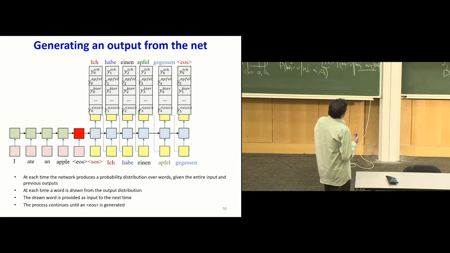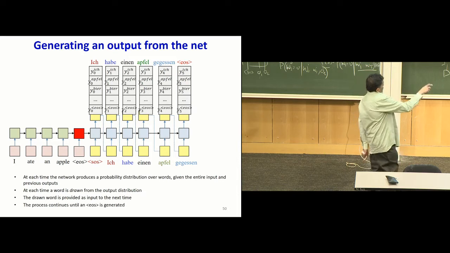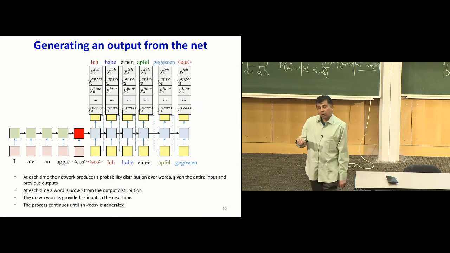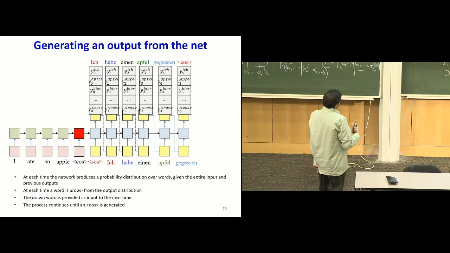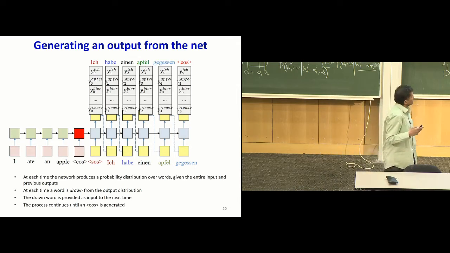Here is the overall process. At each time, the network produces a probability distribution over words given the entire input and all the outputs until that time. A word is drawn from this output distribution and is provided as input at the next time. And this continues until an end of sequence symbol is produced.